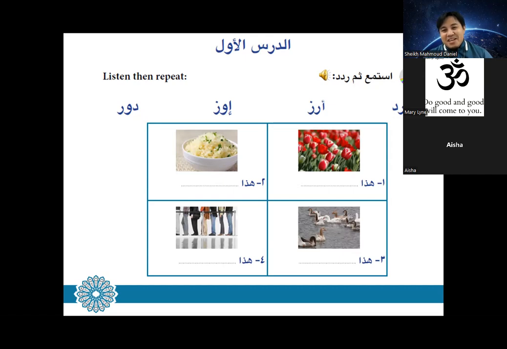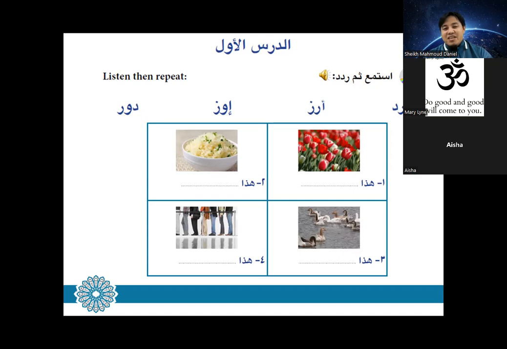Raddid anta ya Taslim. Because if I use this verb for the woman, for the lady, that is anti, you, anti Fatima, anti Aisha. For the boy, anta Taslim, anta Muhammad, anta Mahmud.